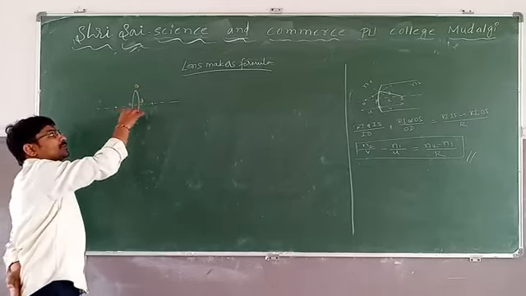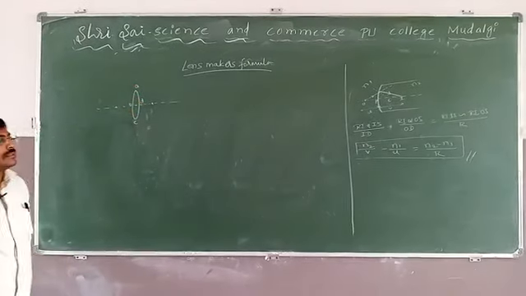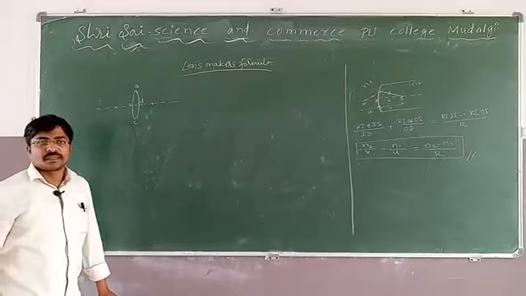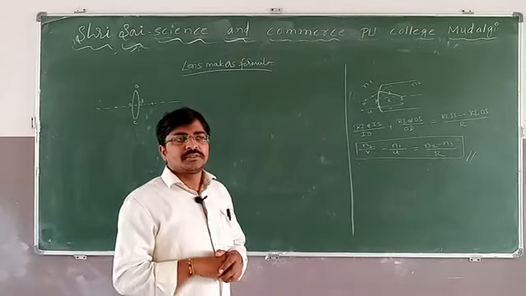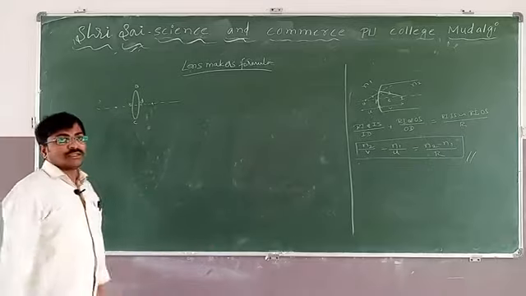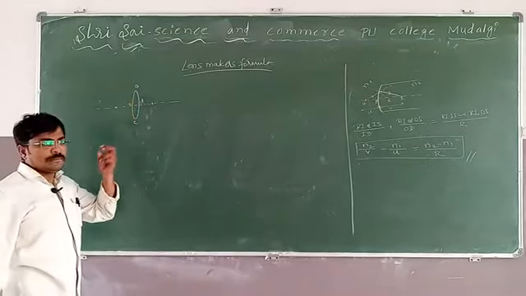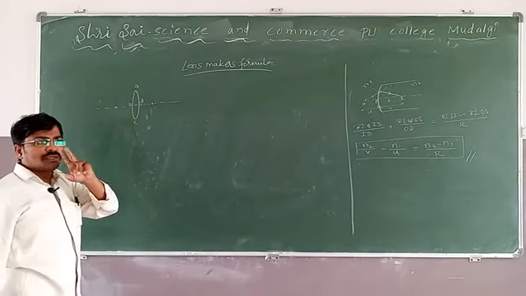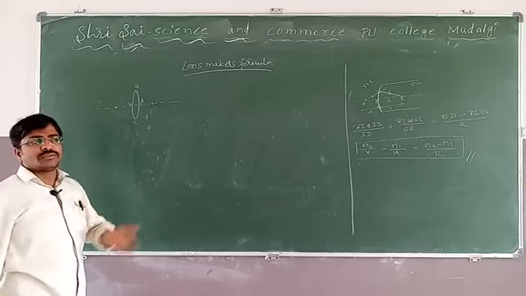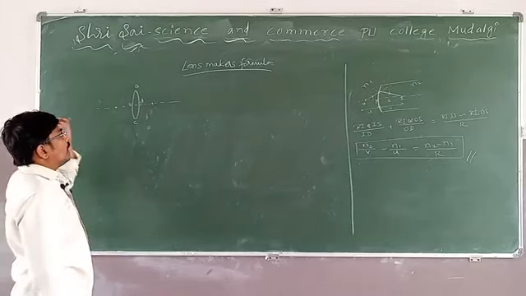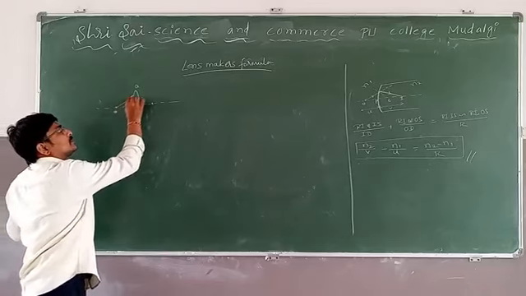For the ABC surface one center of curvature, for the ADC surface one more center of curvature on this side. Like this, two centers of curvature and two radii of curvature for one lens, because it has two spherical surfaces. Since there are spherical surfaces, you will get two different values of radius of curvature and two values of center of curvature. And if I keep the object at this point, light is incident here.